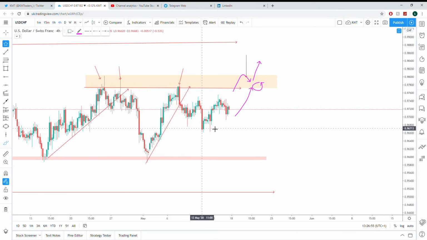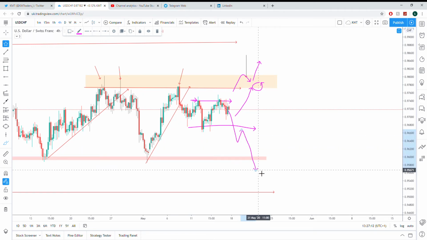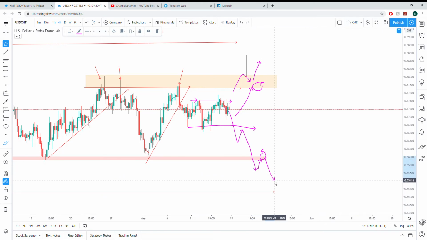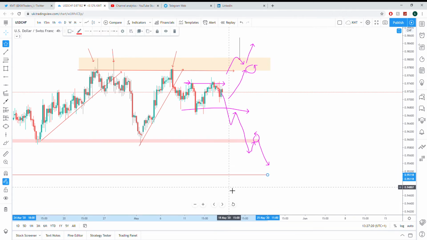Now, if price is currently failing to push above this level and we continue to make new lows, potentially making a new lower high, and if we are able to make a new low and push below this zone here, we can wait for that pullback and look at that indecision before we make a push lower. And we will be looking at this low here.